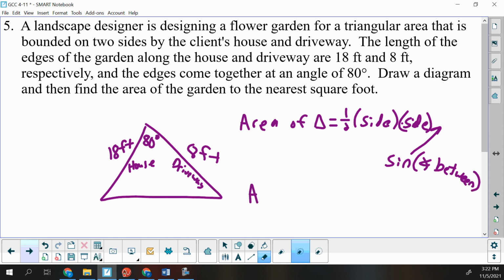So our area is just going to be 1/2 times, we have two sides, so we'll do 18 times 8 times sine of the angle that's right in between, 80. So we want that to the nearest square foot. So we'll give you a minute to punch that in. Once it's punched in, round it to the nearest square foot and make sure to have units on it.